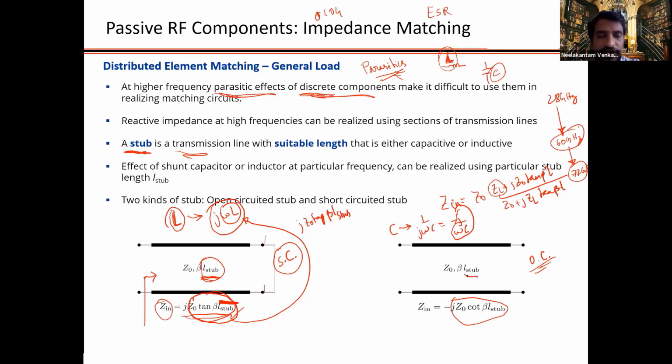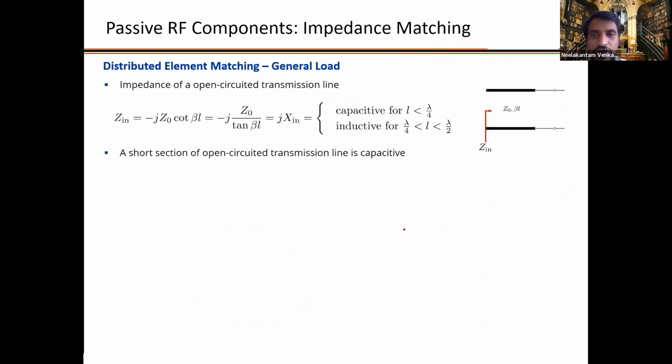I can choose the length of the stub so that this value is exactly the same as what you would get had it been a perfect discrete capacitor. So that is what is called a stub, and you can use them for impedance matching.